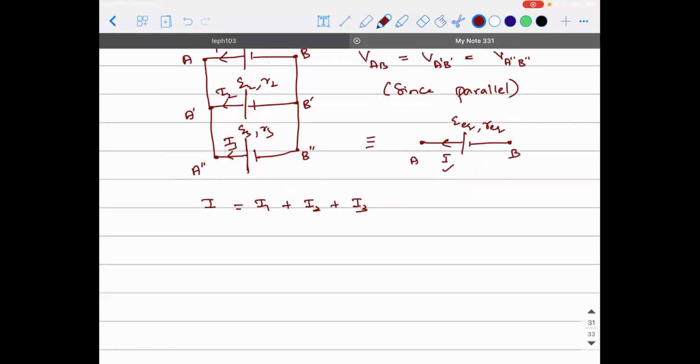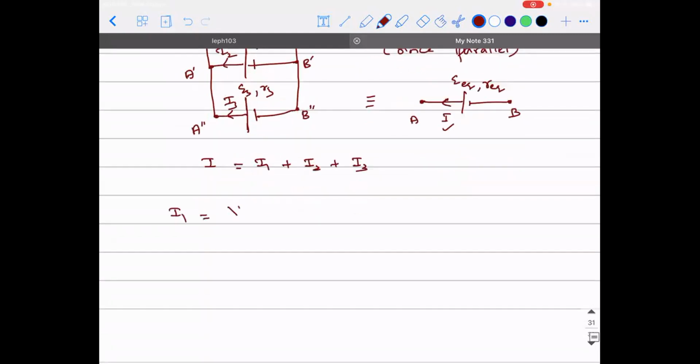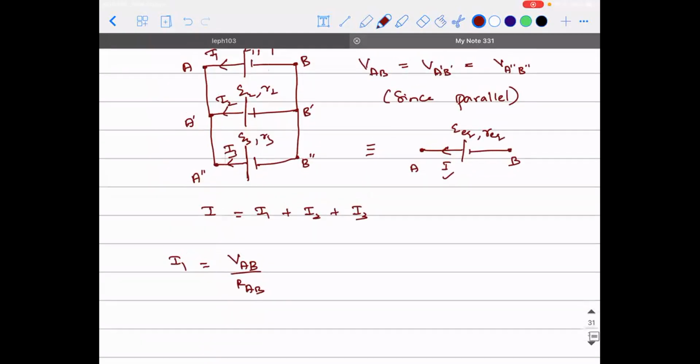Now tell me one thing, guys. Can I write I1 as VAB divided by RAB? Okay, this is one way of writing, or I will write it like this. So VAB is equal to how much?